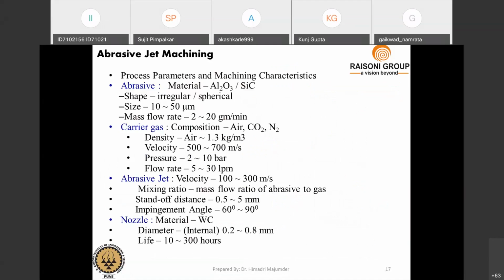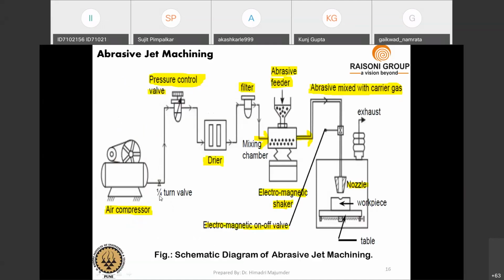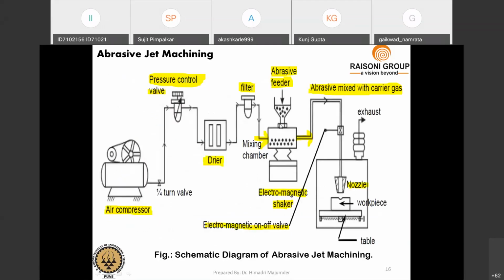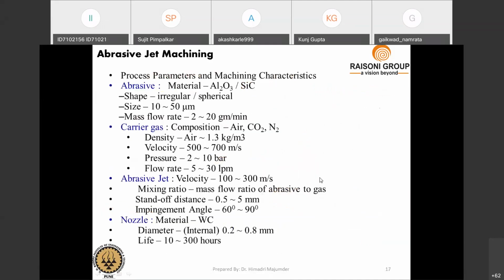Then the mixing ratio is the mass flow rate of the abrasive divided by that of the carrier gas. This should be followed.